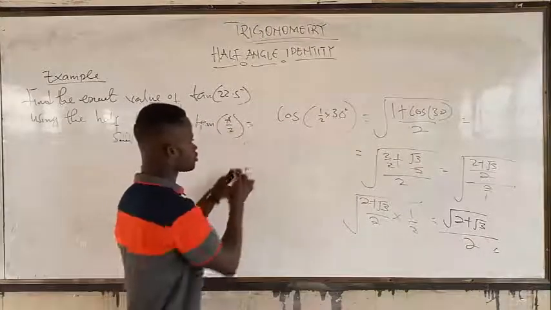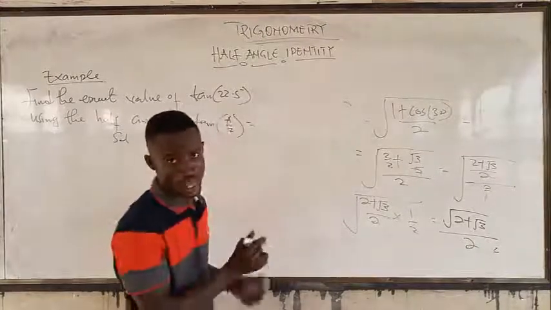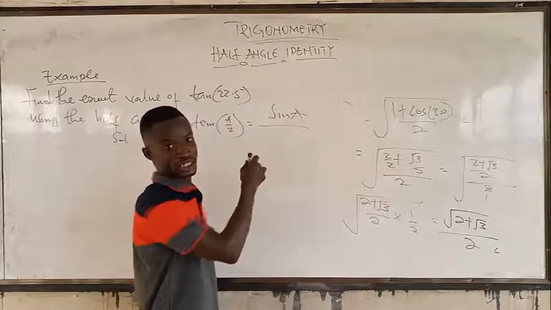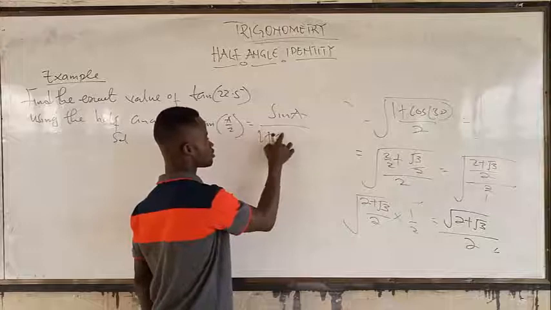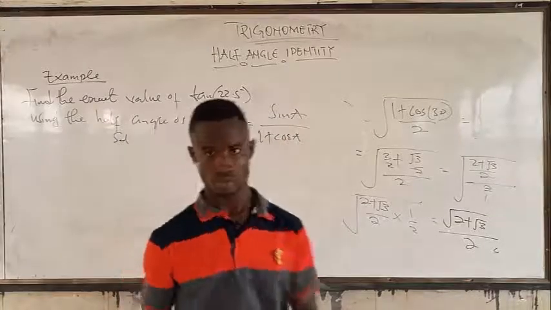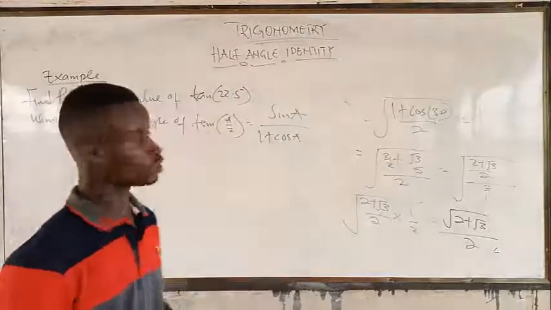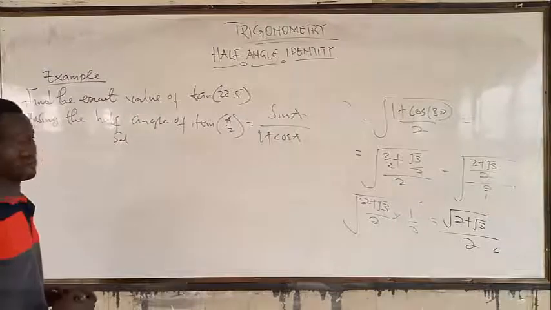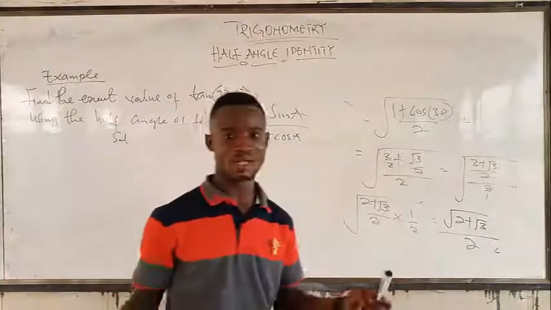You know that we have 3 identities, and the question is specifying us to use this one: sin A over 1 plus cos A. Very good. So that's not going to be any problem.